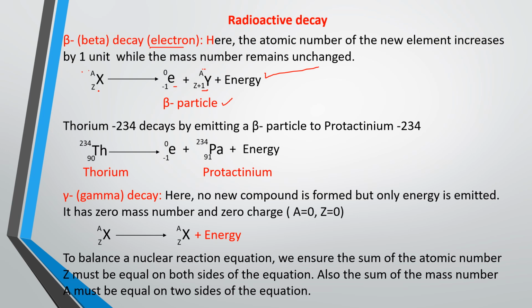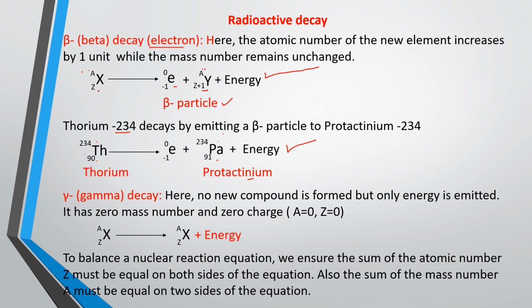An example is the decay of thorium. Thorium will decay by emitting a beta particle to produce protactinium. If you look at thorium and protactinium, they have the same mass number but different atomic number. You see that the atomic number has increased by 1 unit. So this is an example of a beta decay.